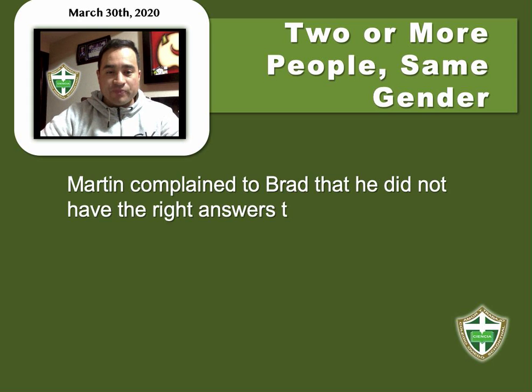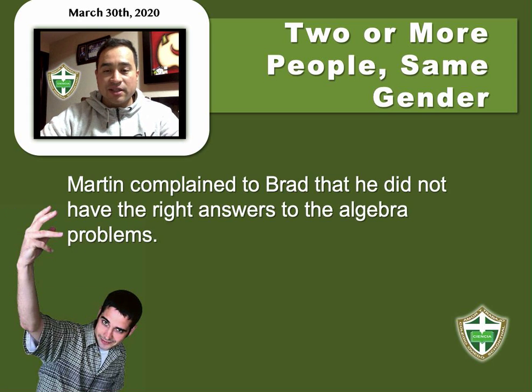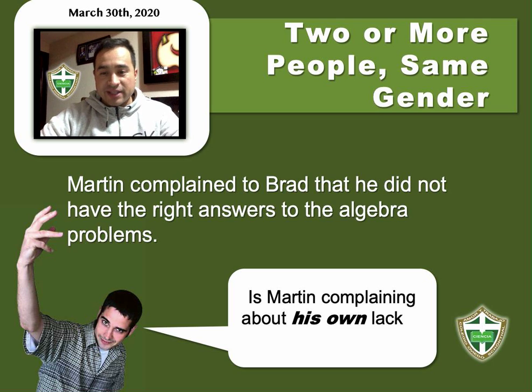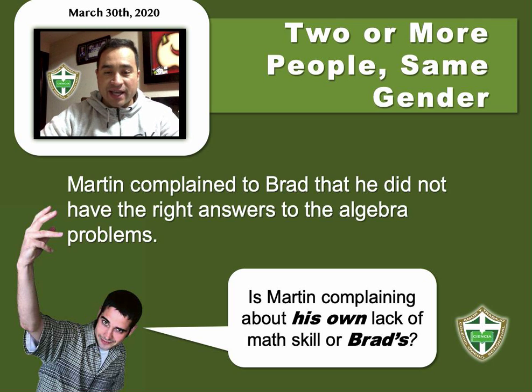You have to be careful when there are two or more people of the same gender. Another example: Martin complained that Brad did not have the right answers to the algebra problems. Is Martin complaining about his own lack of math skill or Brad's? It's ambiguous again, so we have to be very specific. Of course, in the exam there is not going to be any problem, but right now we really have to identify whether it is right or wrong.